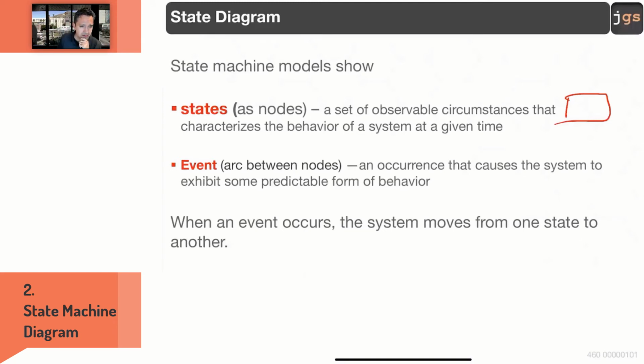And events, lines with a condition, some text. Like the lines for the diamonds in the previous one, but here all the lines have a condition. And a line with a condition is called an event. All the lines in a state diagram are going to have some text, some condition, all of them.